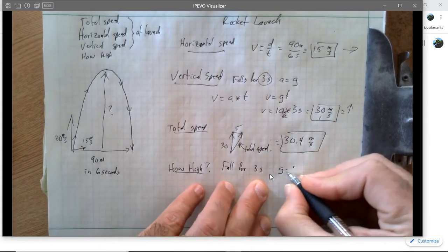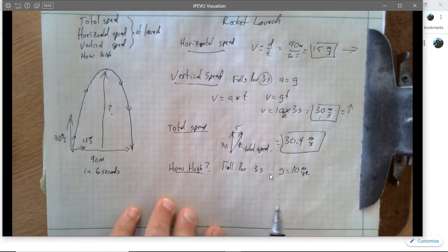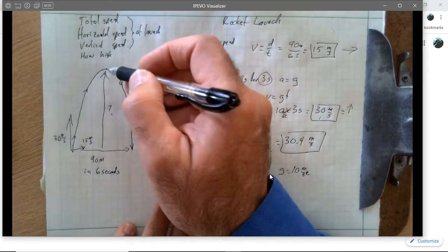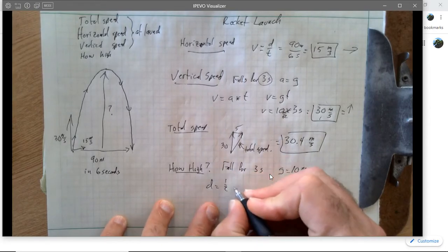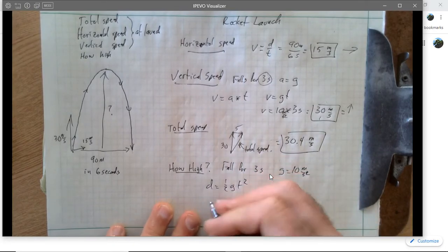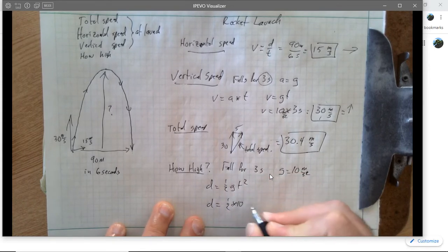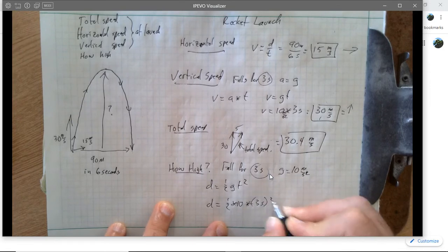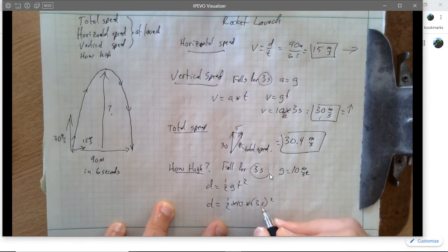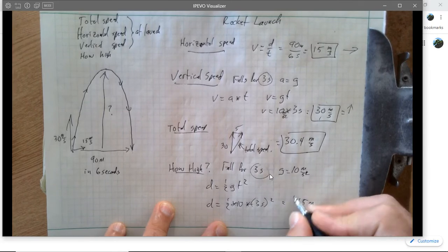G again is 10 meters per second squared. And now we have to know a distance that the thing fell in a given time. So the equation we use for that is d equals 1/2 gt squared. The distance is equal to 1/2 times 10 times our 3 seconds squared, which is 5 times 9 equals 45 meters. You can run that through your calculator if you don't believe me.